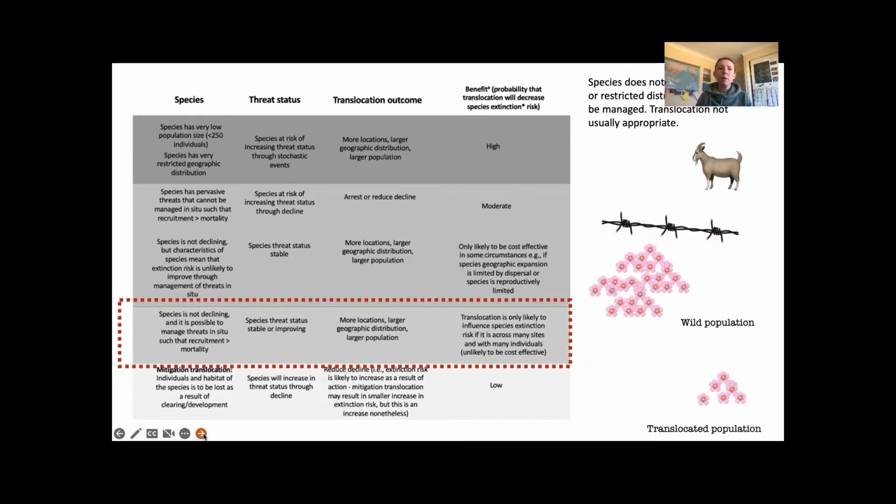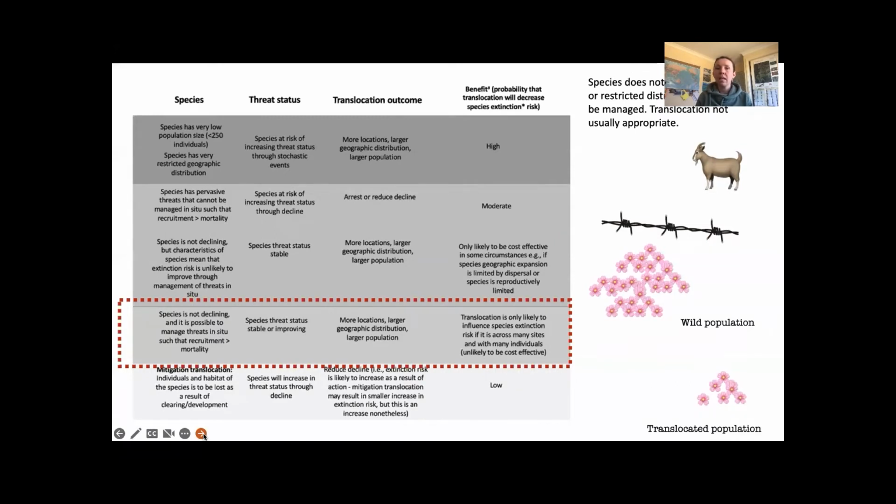And in a fourth example, we have a species which isn't critically endangered, doesn't have a small or restricted population size, and it's not declining. You're able to manage the threats at the site so that it is stable, at least, if not improving.